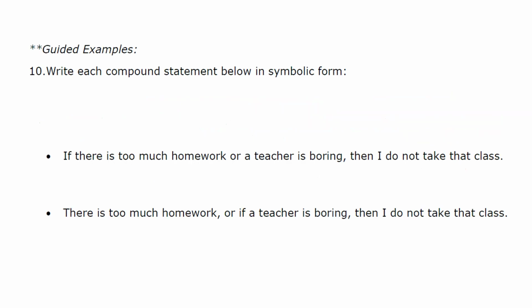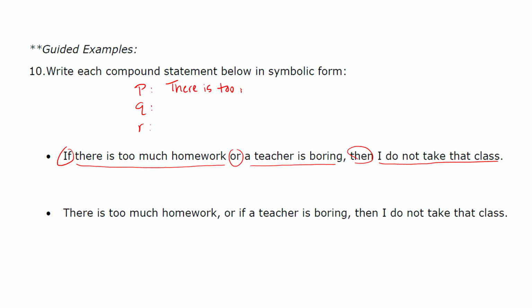So here we're asked to write each compound statement below in symbolic form. So our first statement is, if there is too much homework or a teacher is boring, then I do not take that class. So let's write out our three statements. So P is going to be, there is too much homework.